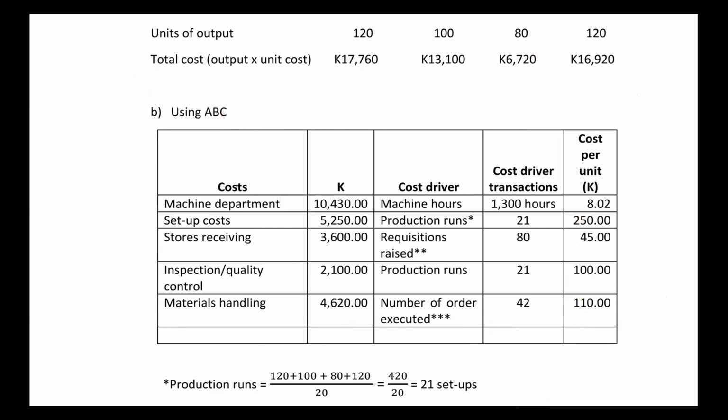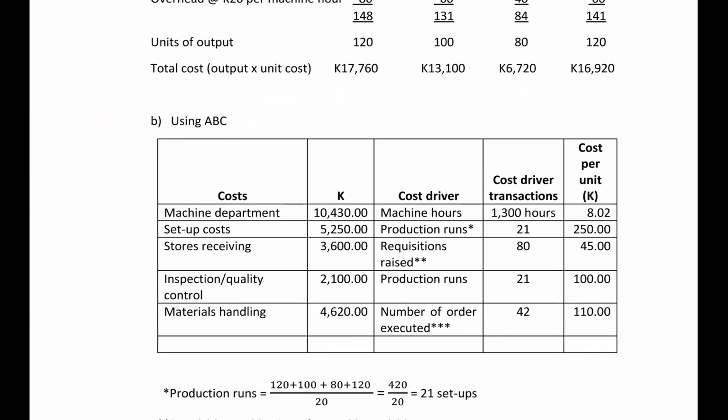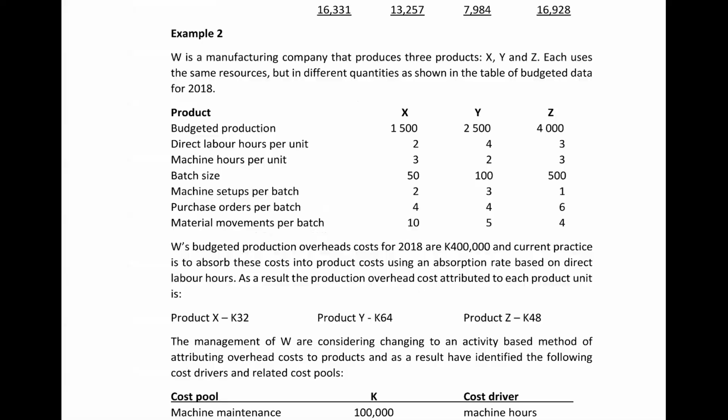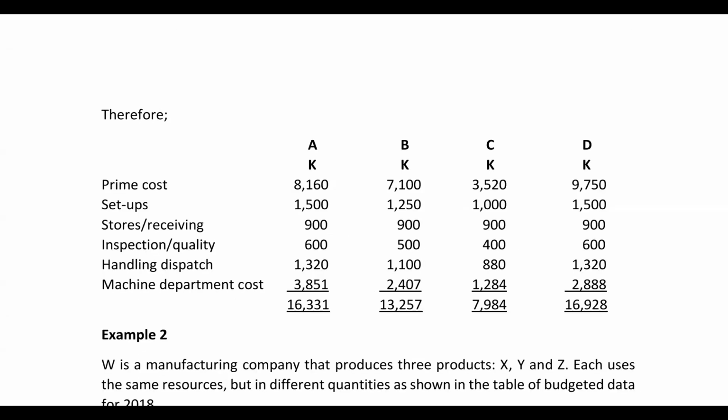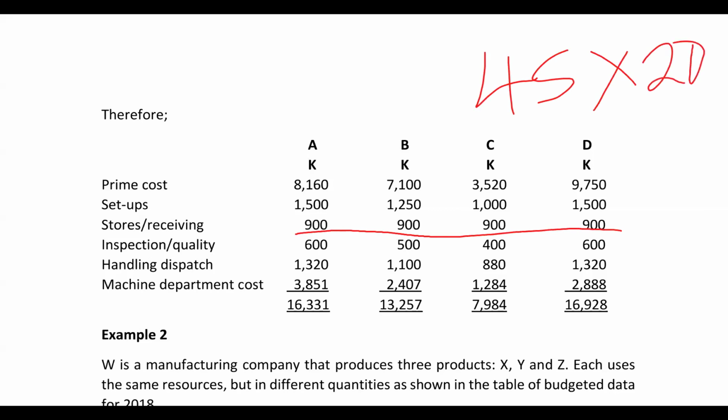Let me just show you that quickly so that you are not confused. Here we did 45 times 20 requisitions, which is 900.